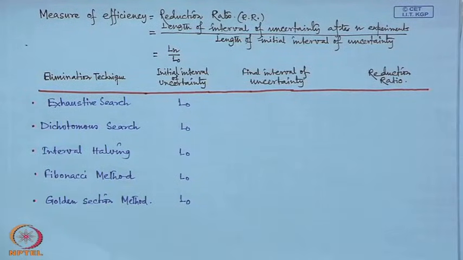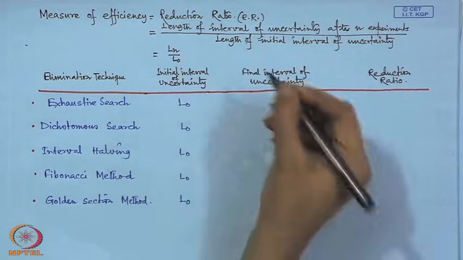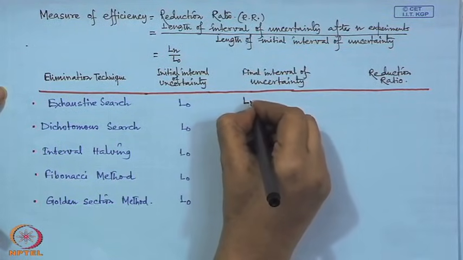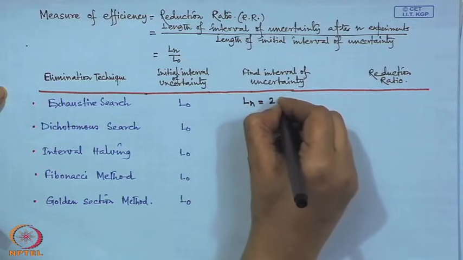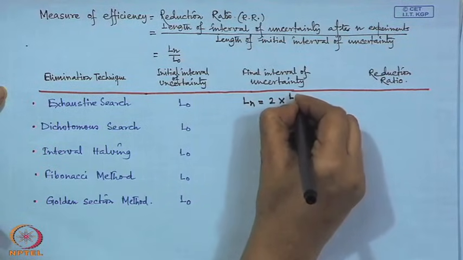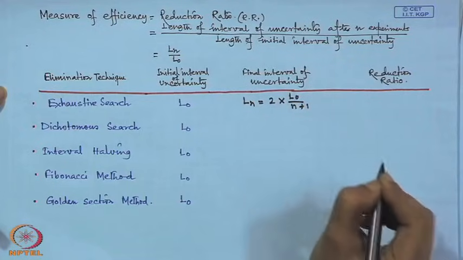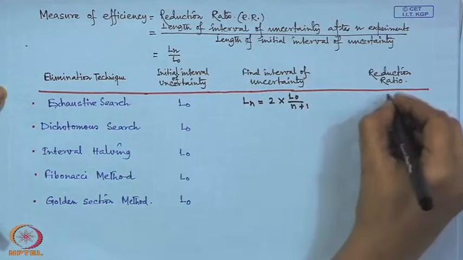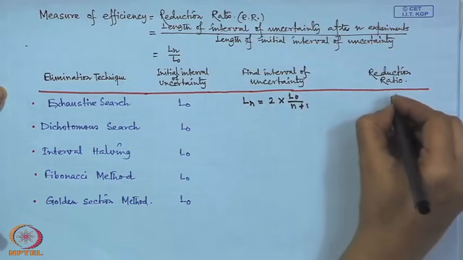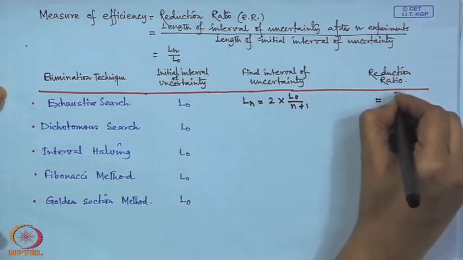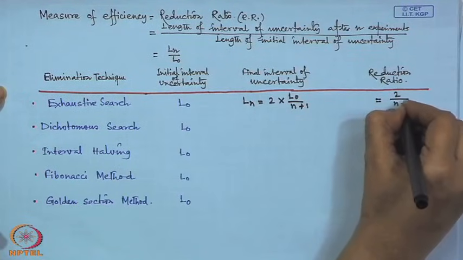In the exhaustive search method, we have seen that Ln was equal to 2 into L0 by n plus 1. That is why the reduction ratio Ln by L0 is equal to 2 by n plus 1.